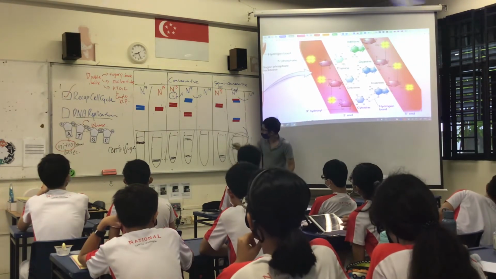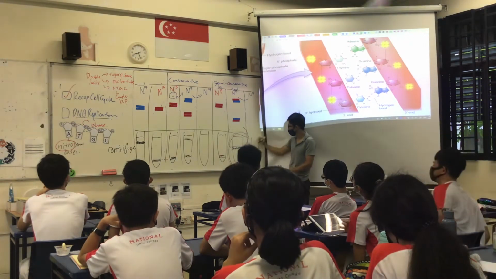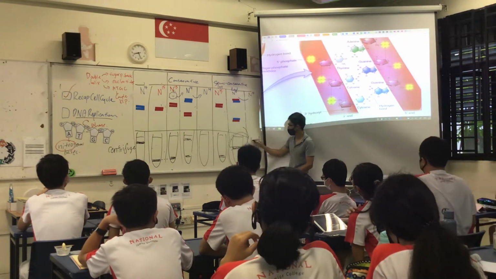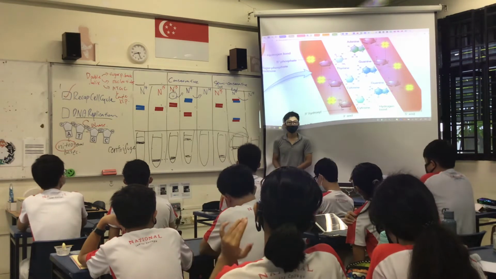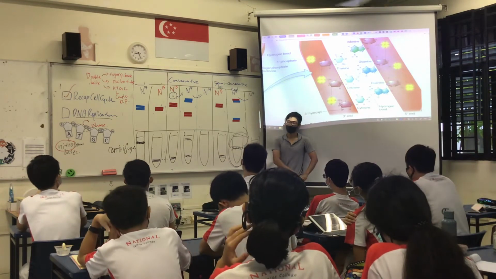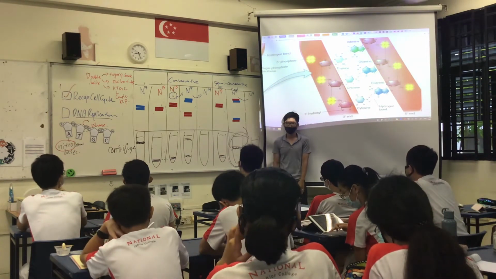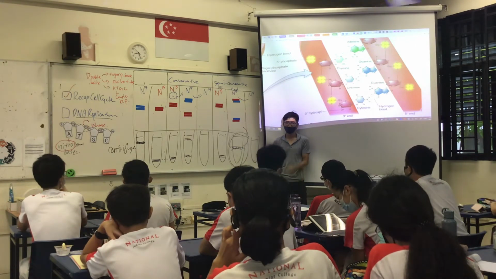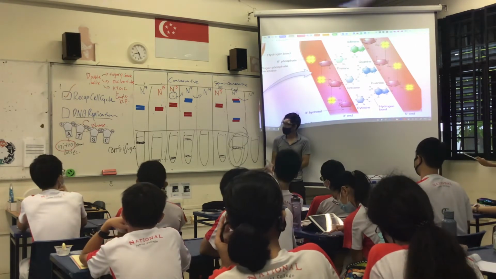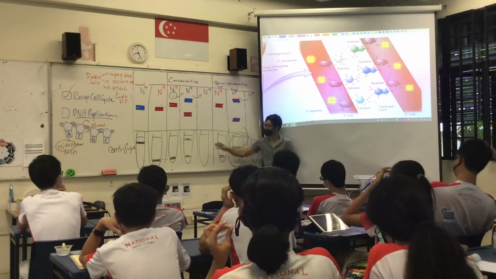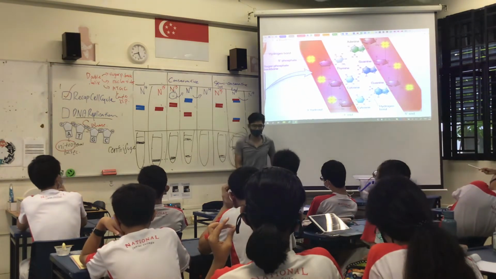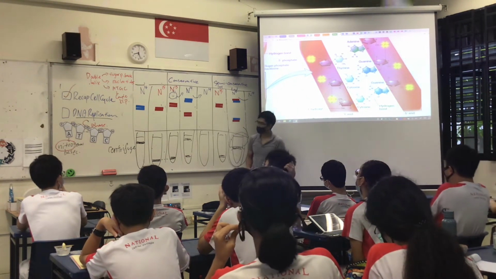If I grow them in the third generation, where will you find all the bands? Everyone think. Where would you find the bands if I grow this for third generation? What do I mean by that?